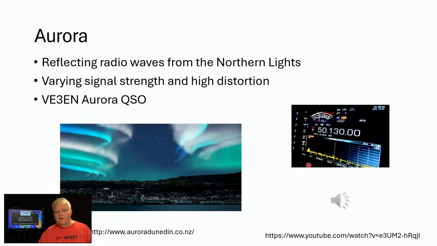Hams discovered that if they take their 6-meter systems and point their antennas straight north toward the aurora, you can actually beam signals off of that. So let's take a few minutes and listen to some auroral communications. I want to warn you, it sounds kind of freaky.